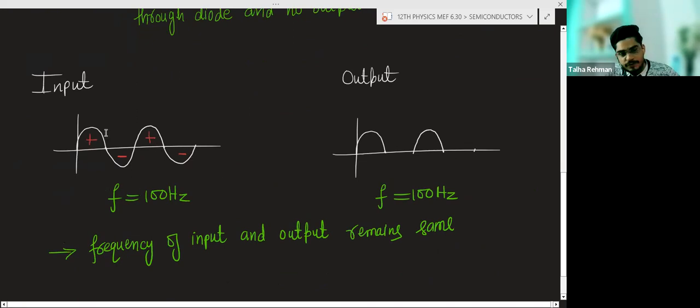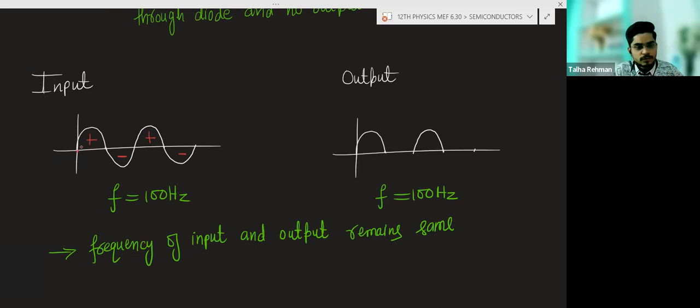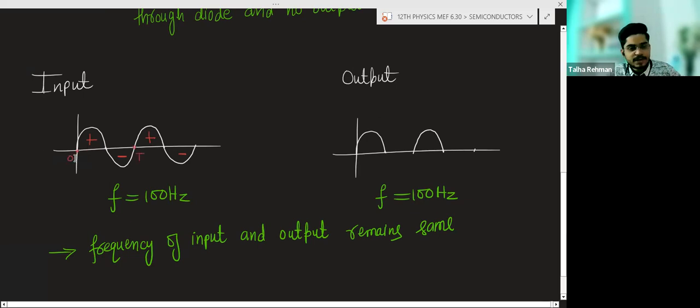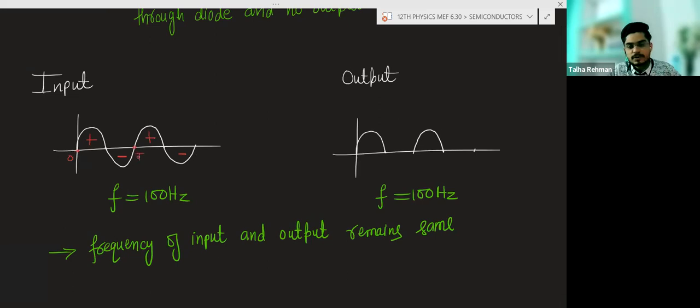Suppose the frequency of this input is 100 hertz. So the frequency of this output will also be 100 hertz, because the number of waves in a time period is the frequency. Time period is 0 to T, and in this time period there is only one wave.